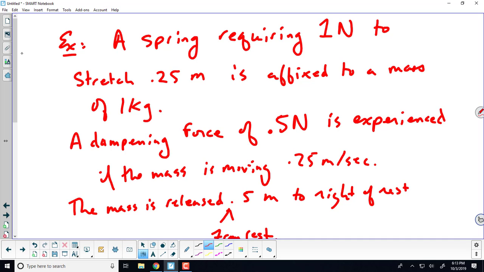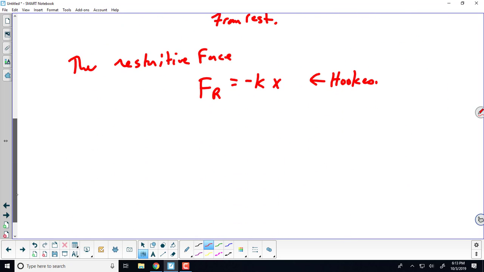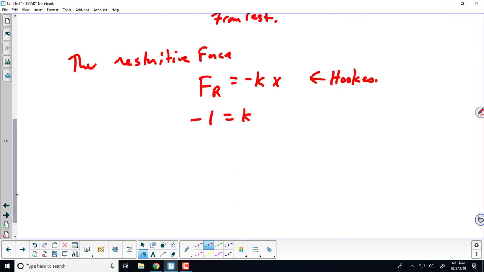So the restorative force would be -1, and that equals -k times 0.25, and so we can solve for k, and we get 4 as our k value. To be honest, that's probably unrealistic for a spring like what we're doing, but we want the numbers to work out decently. So that's the restorative force. We use Hooke's law.